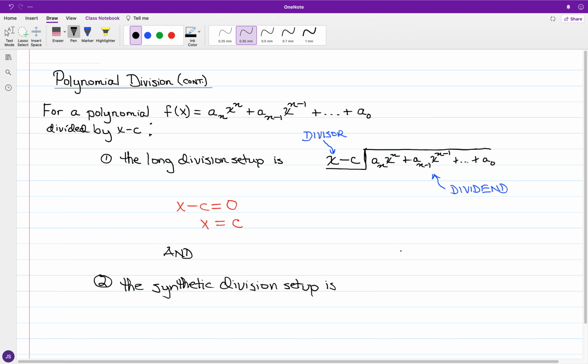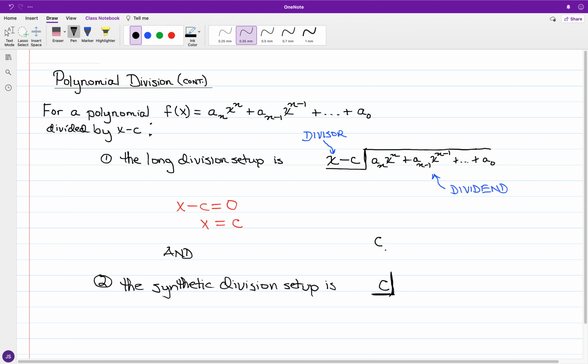Instead of x minus c representing the divisor, you're going to have c, and that c is going to be boxed in.